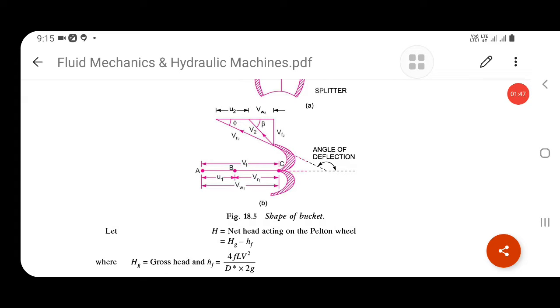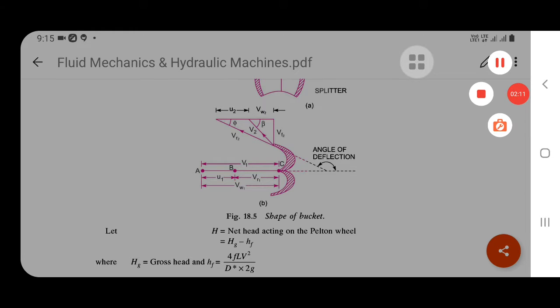So whenever water comes from the turbine and impacts the blade, it impacts the splitter at V1 velocity at U1. So it does not have an inlet vane and jet angle. But when it impacts the blade, it gives some direction, which is shown in the figure, and creates an angle.